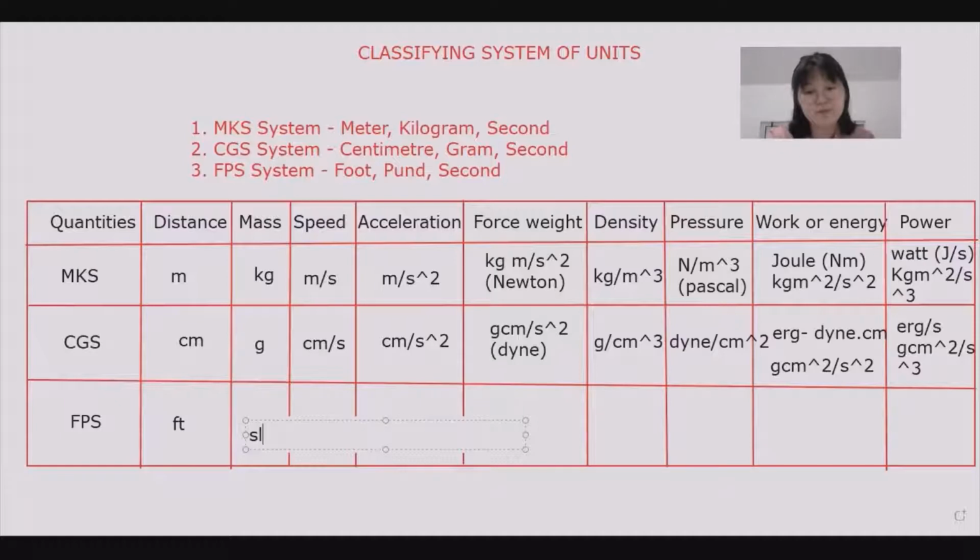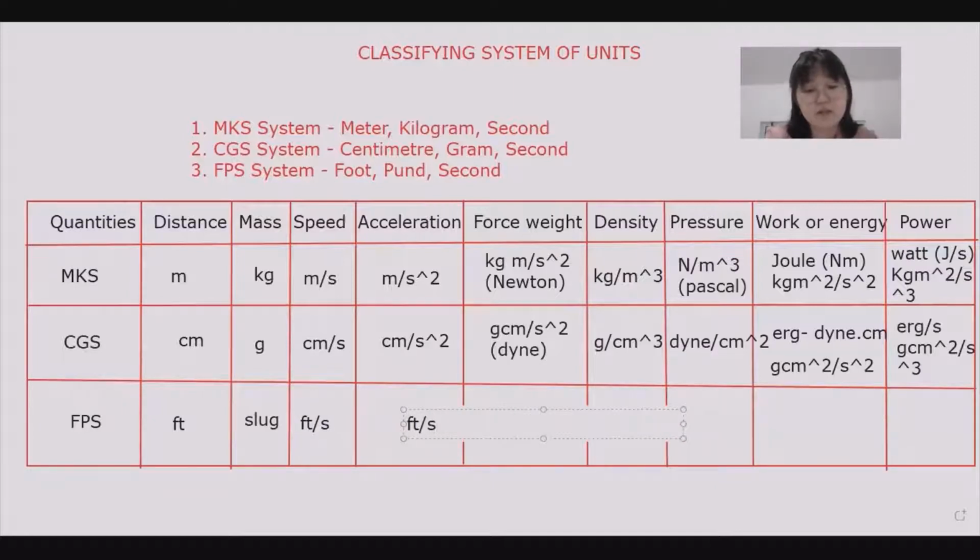Mass will be slug. The speed is feet per second.